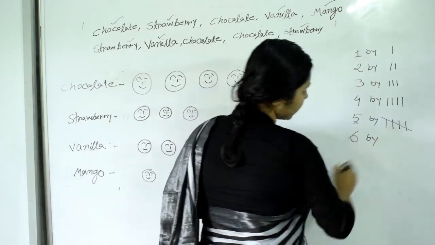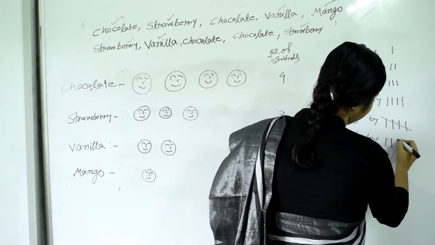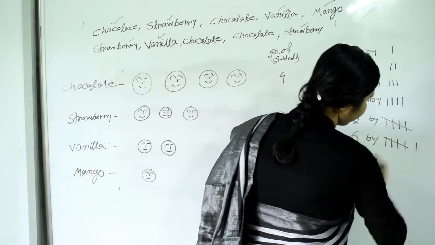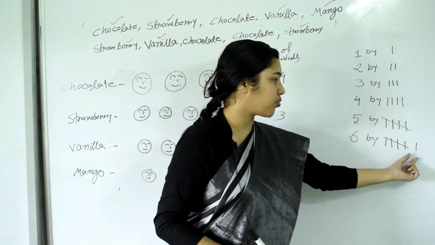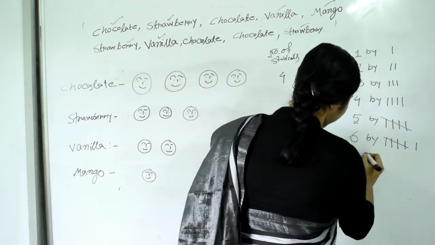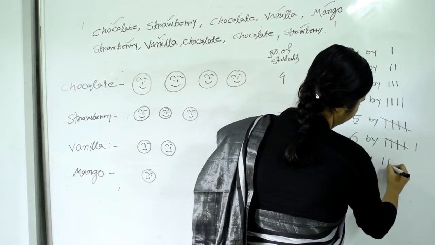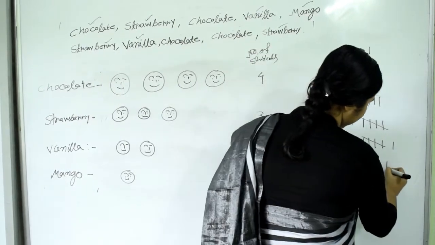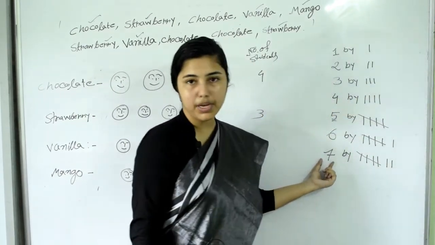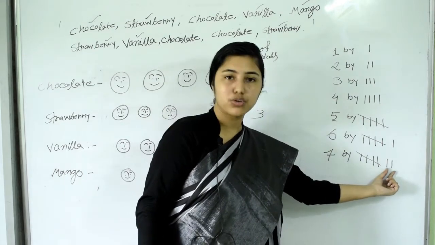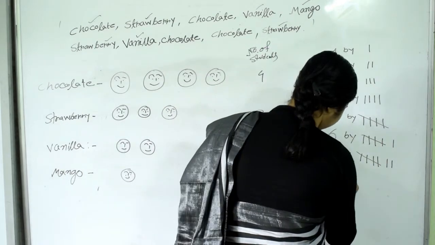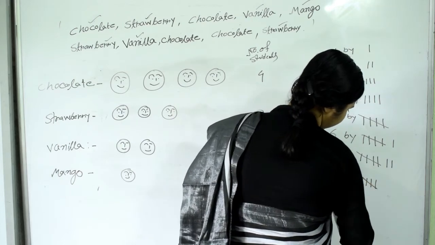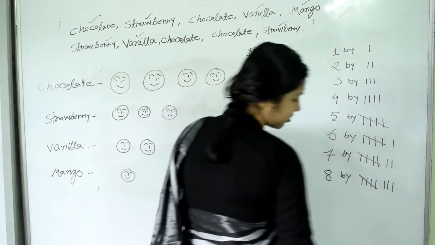Next number 6 by 1, 2, 3, 4, then 5 and again 1 bar, 5 plus 1, 6. Number 7 by again 1, 2, 3, 4, then 5, 6, 7. 7 equals 5 plus 2. Again number 8 by 1, 2, 3, 4, 5, 6, 7, 8.